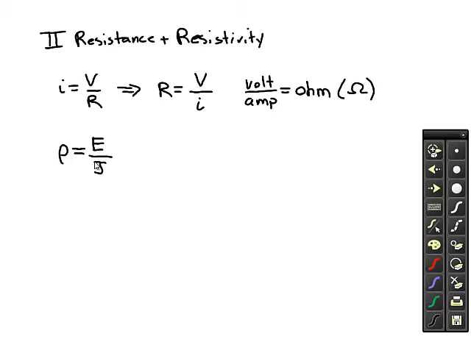Again, the units are going to be volts per meter on top and amps per square meter on the bottom. If we cancel out some of these and rearrange, we get volts per amp times meters, which is an ohm meter. So ohm meters are the units of resistivity.